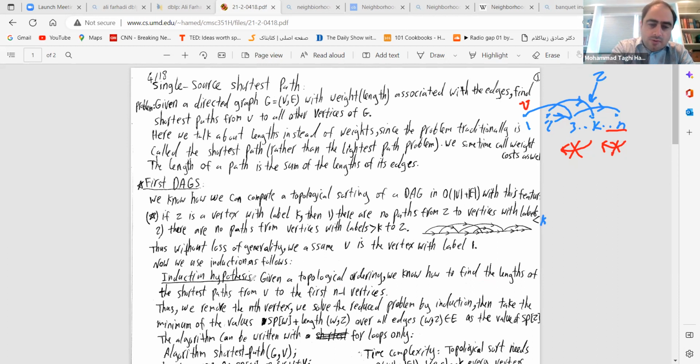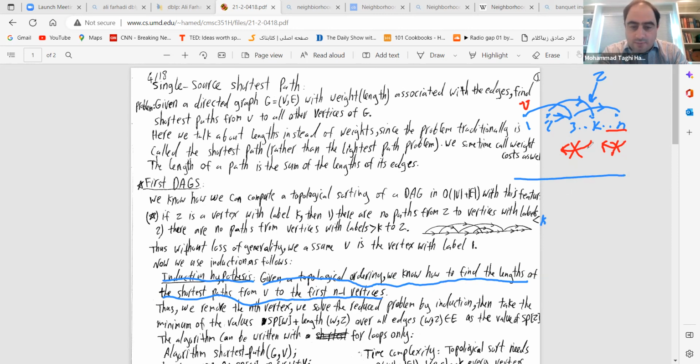We want to say, given a topological ordering, we know how to find the length of the shortest path from V to the first n-1 vertices. Good. So this is the topological order.